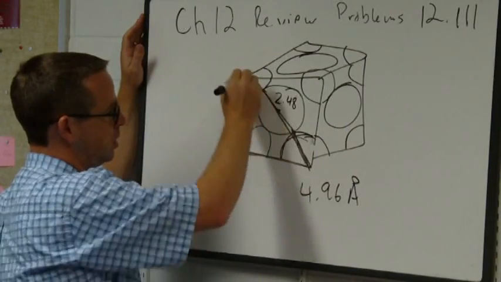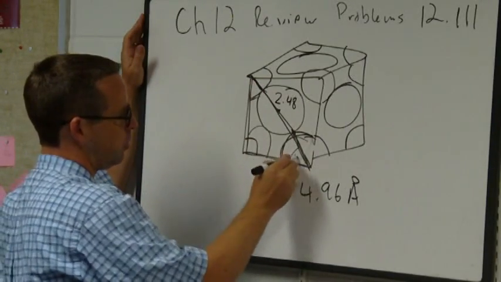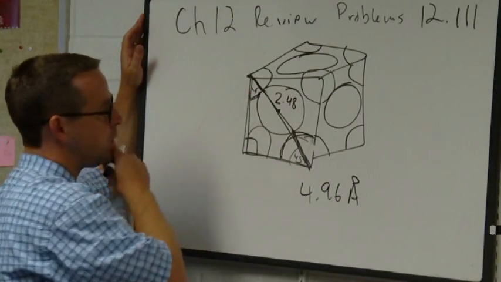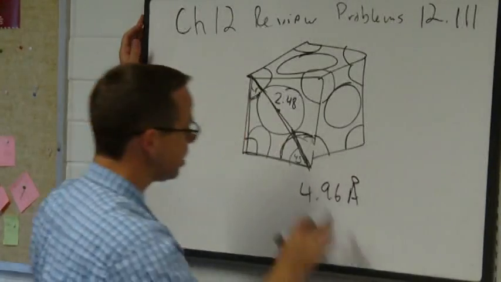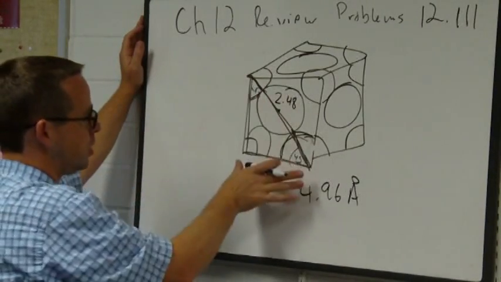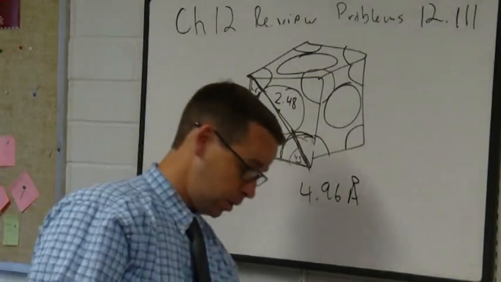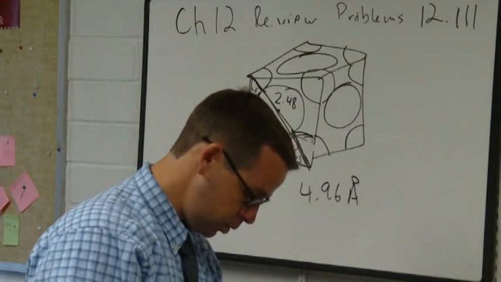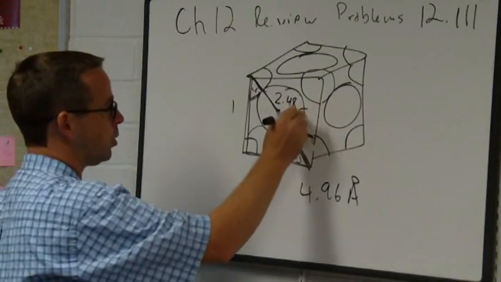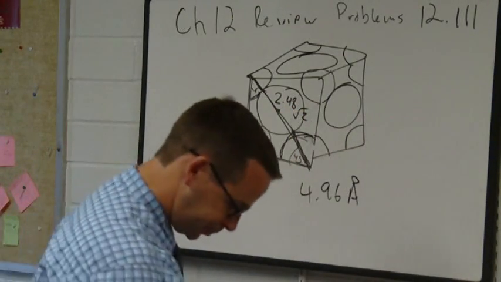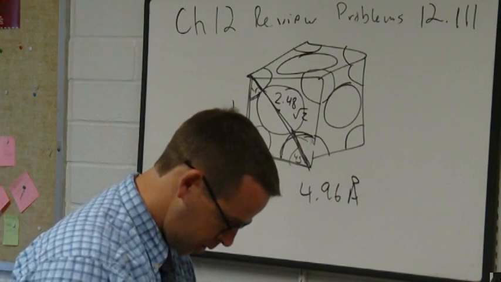So if this is a 90-degree angle, this is a 45 here, right? So we know the relationship between this length here and that length is square root of 2, 1, root 2, right? Let me double check that.